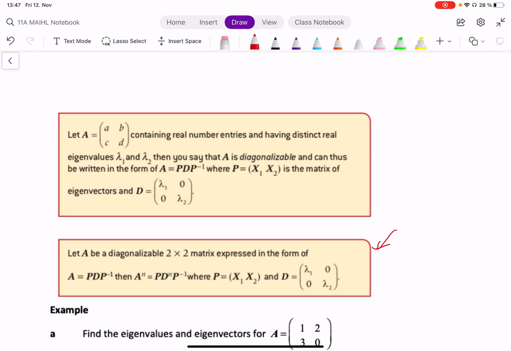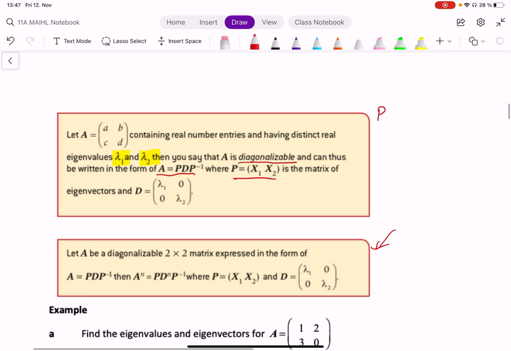But an important thing to notice is that if we have this matrix here, A, B, C, D, a 2 by 2 matrix with real number entries, and they have distinct eigenvalues, so two different eigenvalues, then we say that A is diagonalizable, tough word to say, and thus can be written as this, where P represents the eigenvectors in columns, which is what we looked at before.